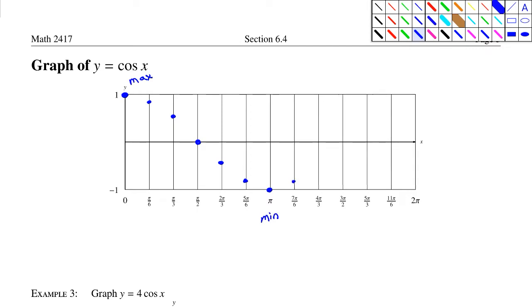And then it starts to rebound and go back up again. It's another 0. Then it continues on, positive 1/2, positive root 3 over 2, and it ends where it began at another maximum. Well, that's pretty good. All right, so there's your cosine curve.